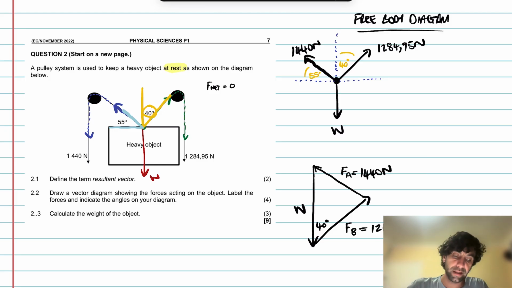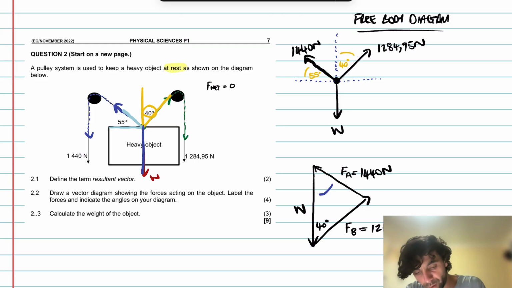What that basically means is that we can try to calculate this full angle over here, or we can also try to calculate this full angle over here. We could use some Euclidean geometry to solve this angle. How would we do that? Well, we have our weight acting downwards.